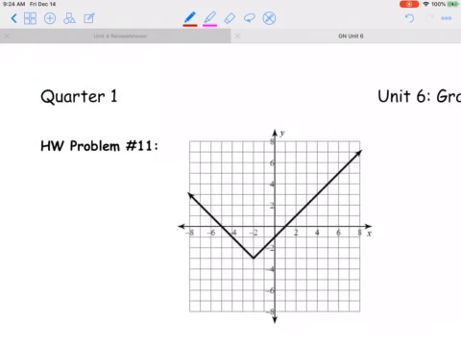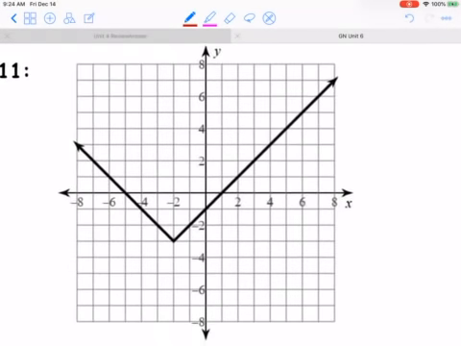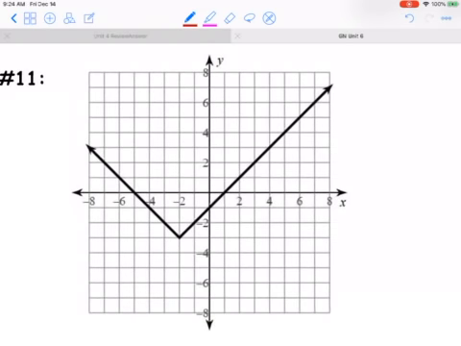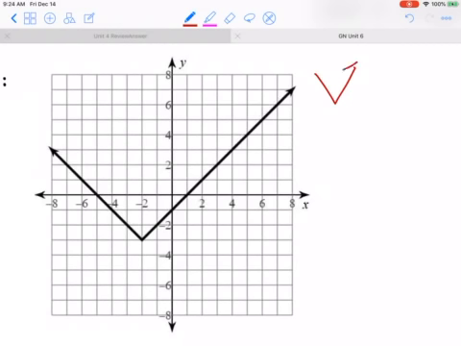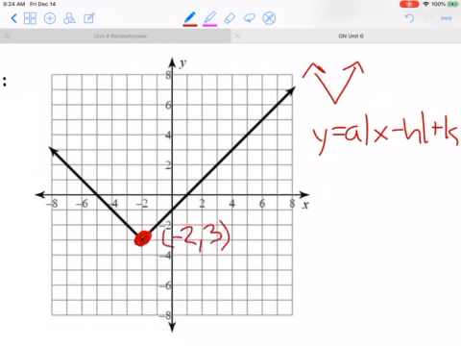So the next problem, number 11, we've got a graph given, so we need to write the equation. First thing you do is look, okay, what parent function do I have? What shape do you see? I see a V shape, which means absolute value. So I start with this. Okay, h and k come from that turnaround point, the vertex, which here is -2, 3.